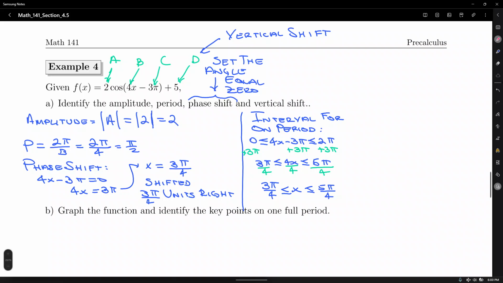So, note: amplitude and vertical shift will affect the range of the function.